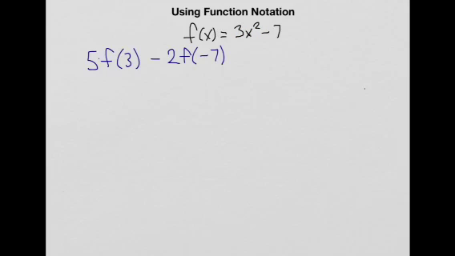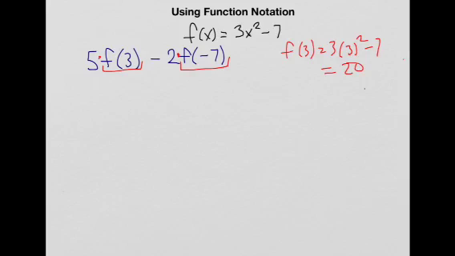I can also work with this function notation inside other equations. So here I have an f of 3 and f of negative 7. In this case I am multiplying 5 times f of 3, and I'm taking 2 times f of negative 7, and I'm subtracting those. So let's figure out what those two are. F of 3 is going to be 3 times 3 squared minus 7. 3 squared is 9 times 3 is 27.